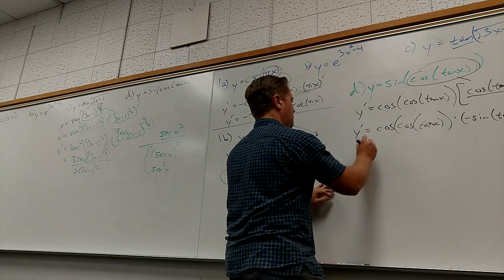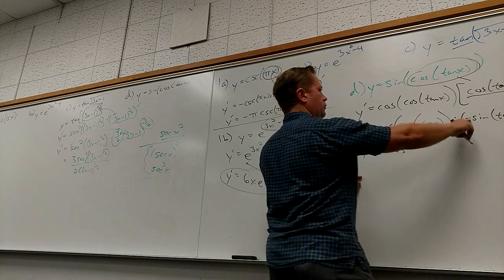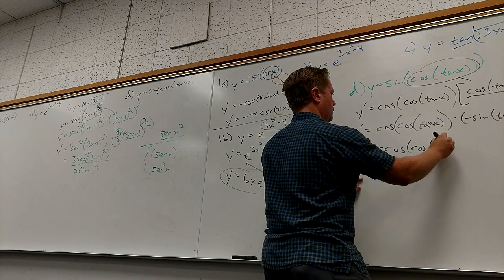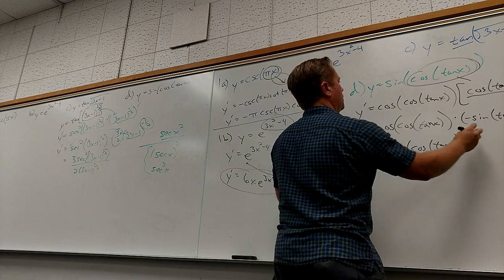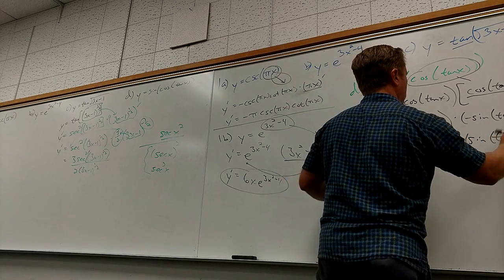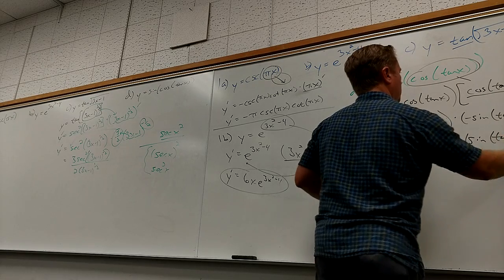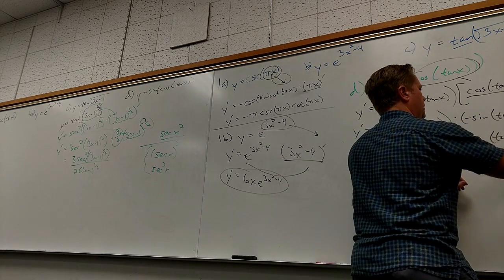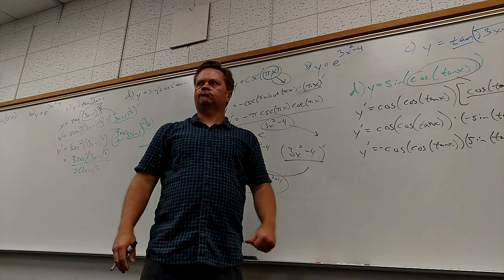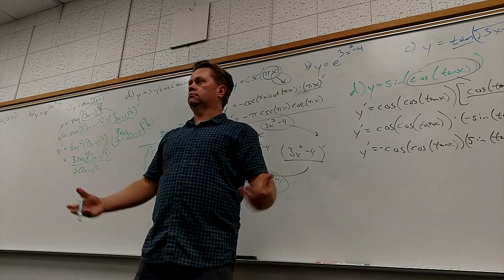So in the last step here. Oh boy. Let me put that negative out here so it doesn't get lost. Times sine of tangent. And of course the derivative of tangent we said earlier is secant squared. That's it.